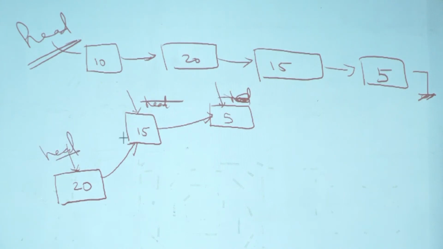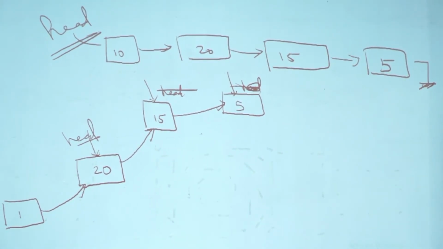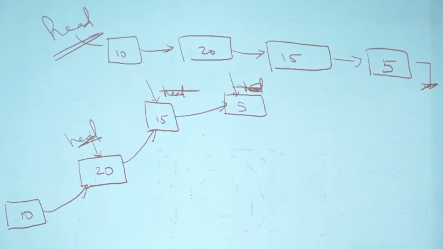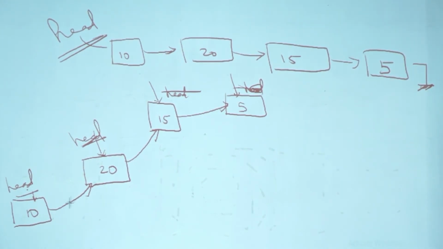Then when I added 10, this was first temp. Temp's next became 20, and we made this guy the head. So currently it is like this. Head is here. 10, 20, 15 and 5. This is how it is.